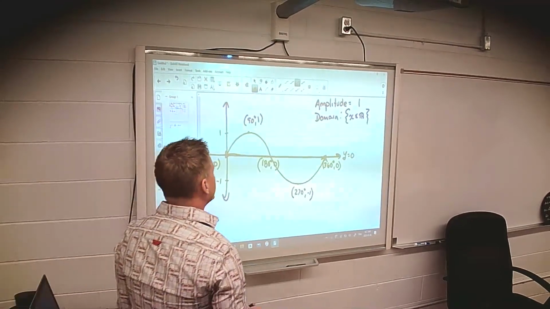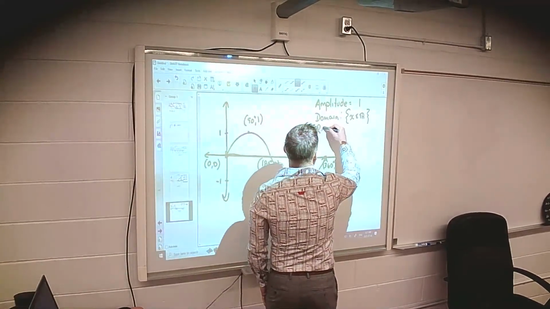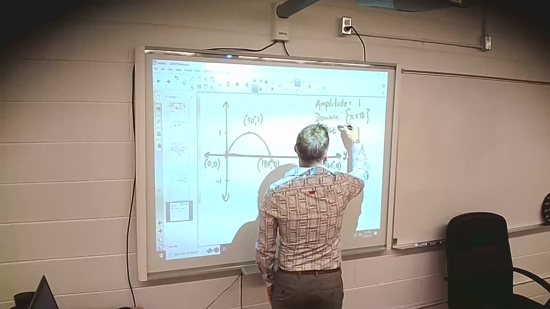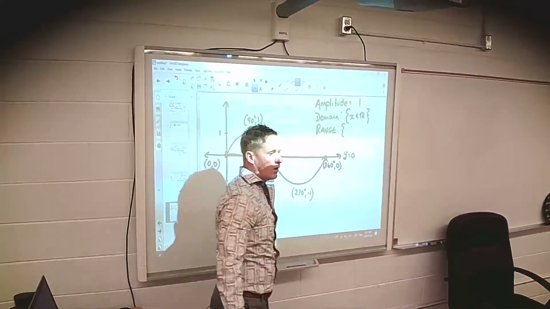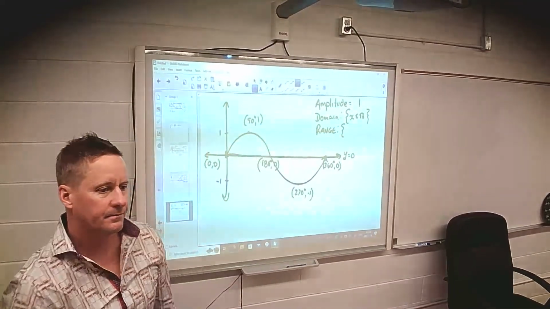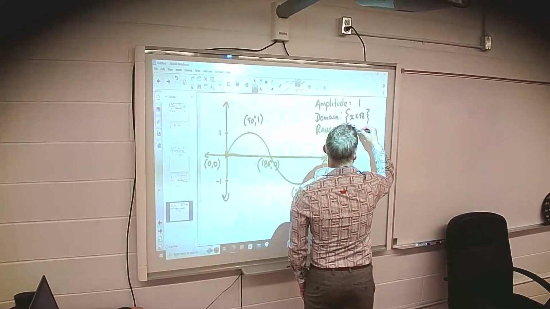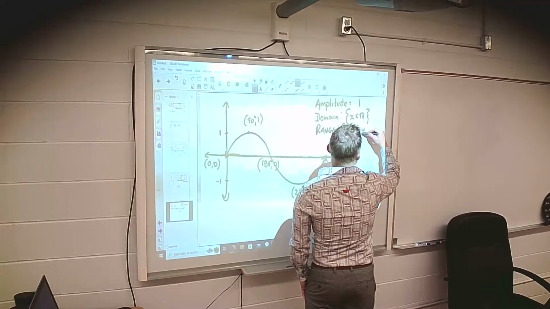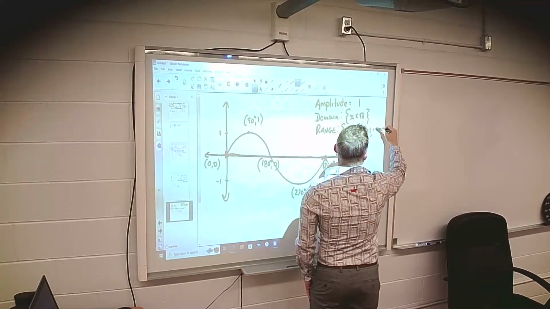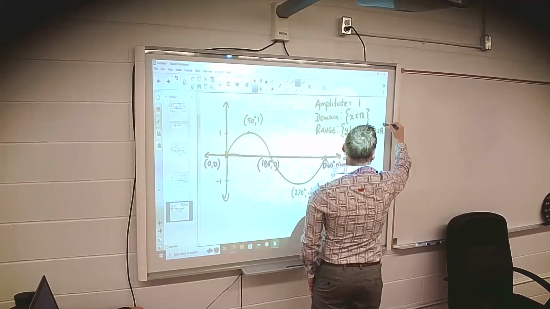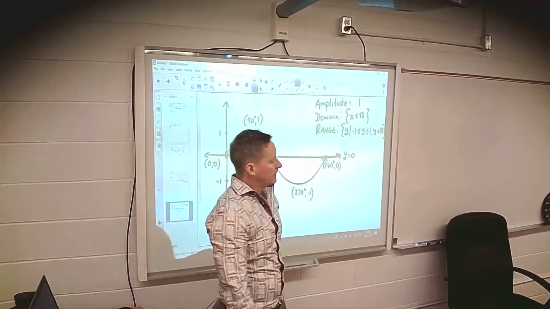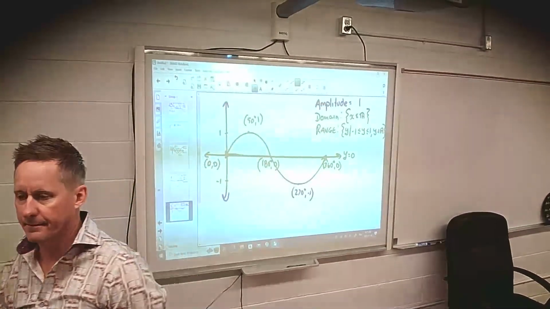What is the range for this graph? How low does it go? Negative 1. How high does it go? 1. Your range is negative 1 to 1.